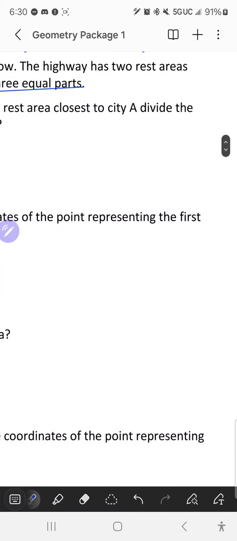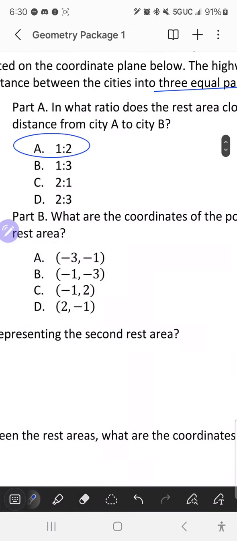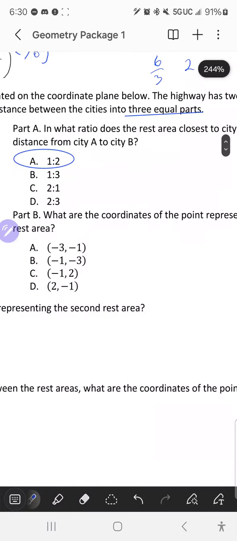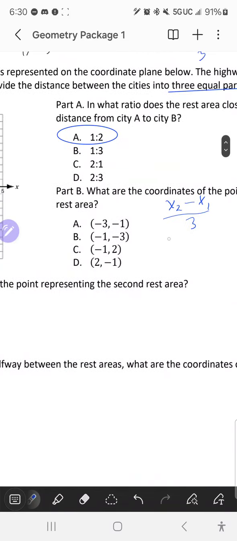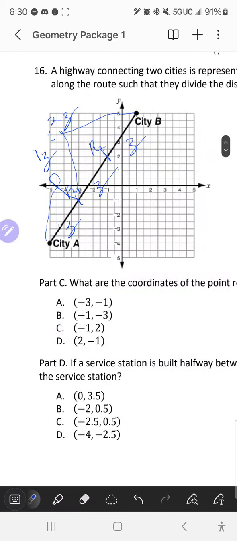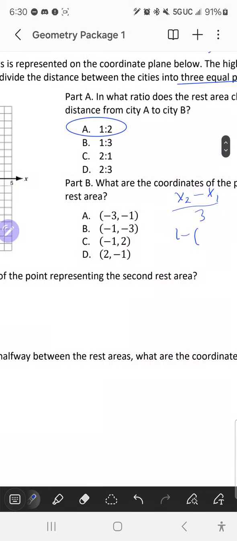Now, what are the coordinates of the point representing the first rest area? To calculate this, we just need to do what we already did before: x2 minus x1 divided, in this case, by 3, since there are 3 equal segments. So we go to the graph. We see that x2 is going to be 1 minus x1, which is minus 5.